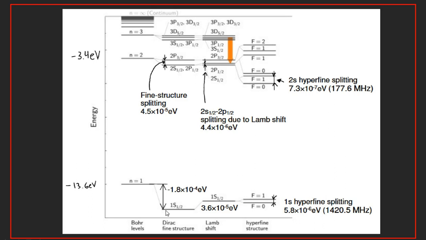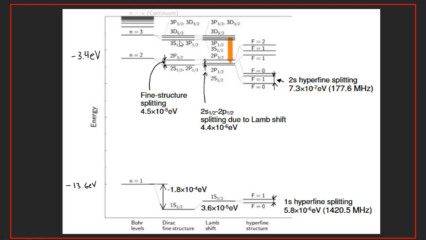Then n equal to 2 has 2s and 2p. 2s has no splitting, there is only 2s1/2, but 2p has splitting, there will be 2p1/2 and 2p3/2. Out of that, 2p1/2 and 2s1/2 are on the same energy level, but 2p3/2 has a higher energy level.